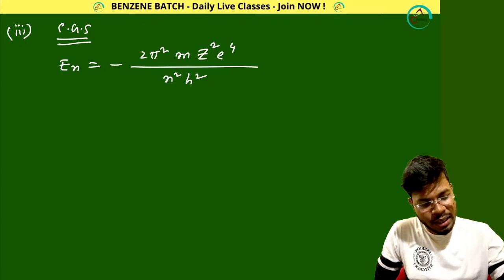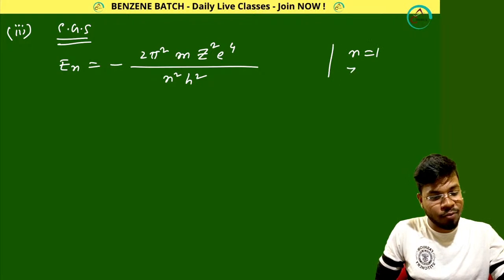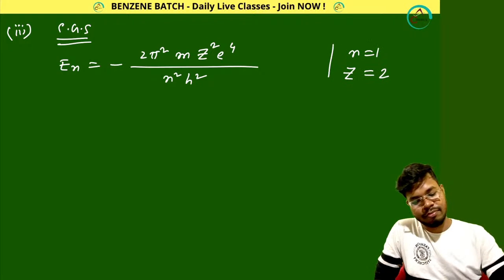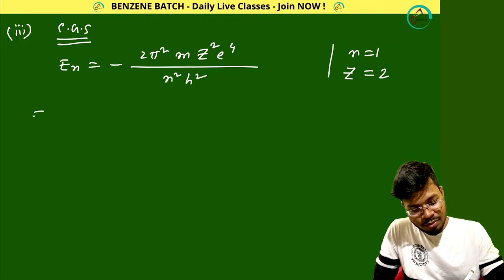So what I need to do, same thing, n equals 1, and for helium z equals 2. Let me put the value.